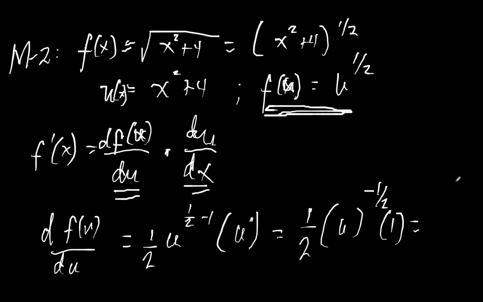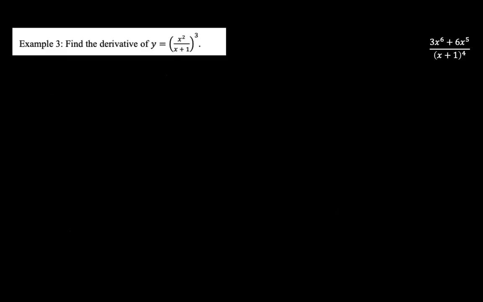So this is equal to 1/2 u raised to negative 1/2, which is 1 over 2 times u raised to 1/2. So this is just the derivative of f with respect to u. And so we're done with this, and let's proceed to differentiating du over dx.